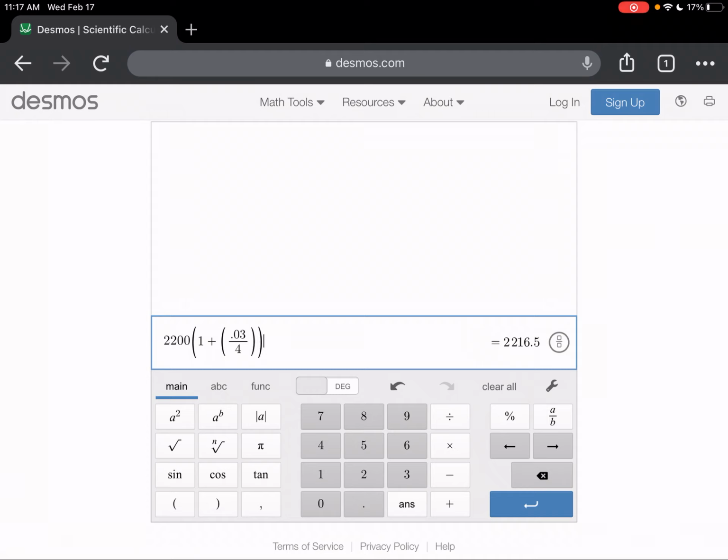And then we're going to close that with 2 sets of parentheses, 2 at the end. And then we're going to take that to the power. Now we need another set of parentheses, 4 times 15. Oops. There we go. 4 times 15, and then close that, and then click enter. As you can see, we get 3,444.